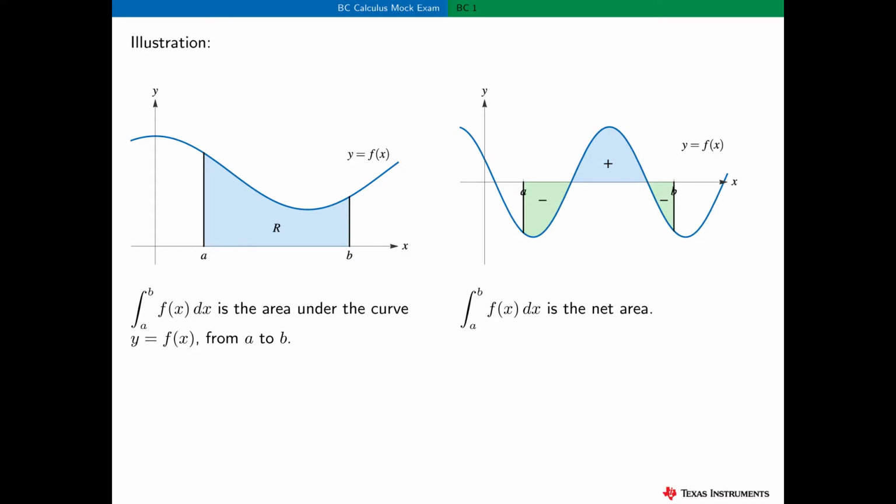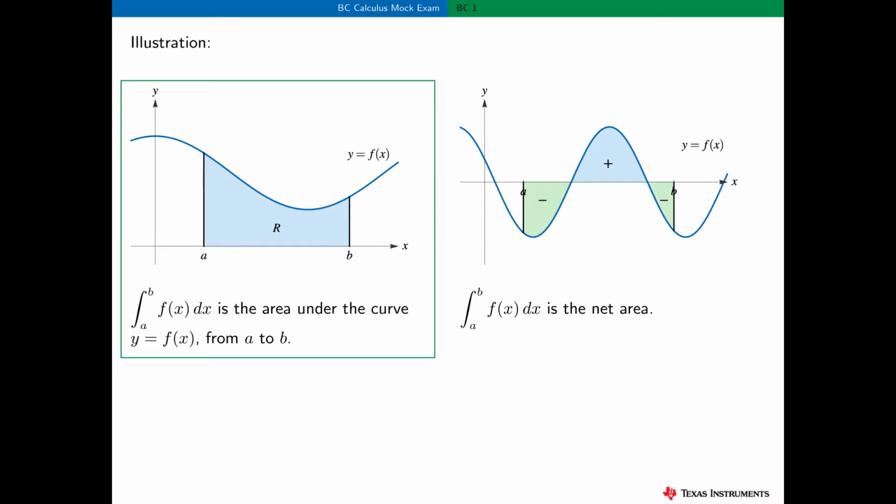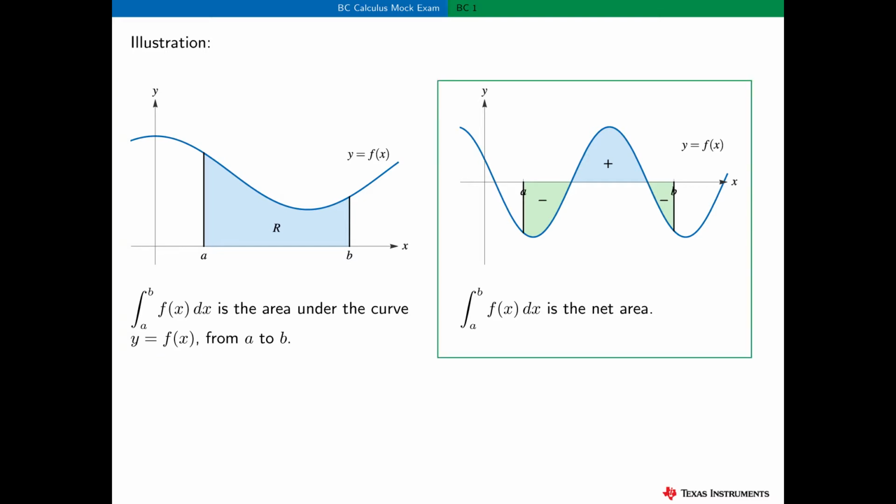Here's an illustration of these two concepts or applications. In this graph, f is non-negative and continuous on the interval a to b. The definite integral of f of x from a to b represents the area of the shaded region labeled R in the figure. In this graph, f is continuous on the interval a to b, but it takes on both positive and negative values.